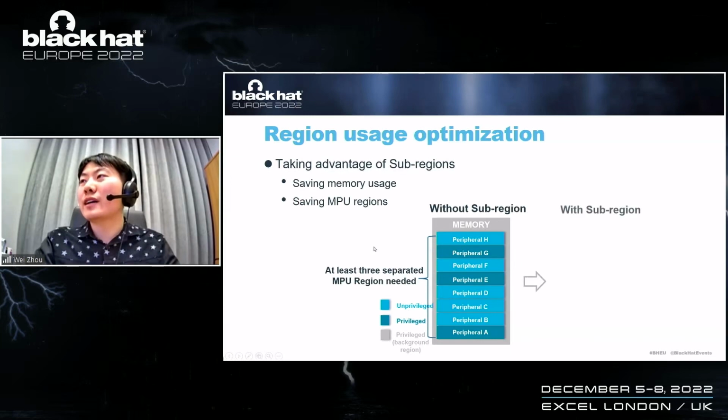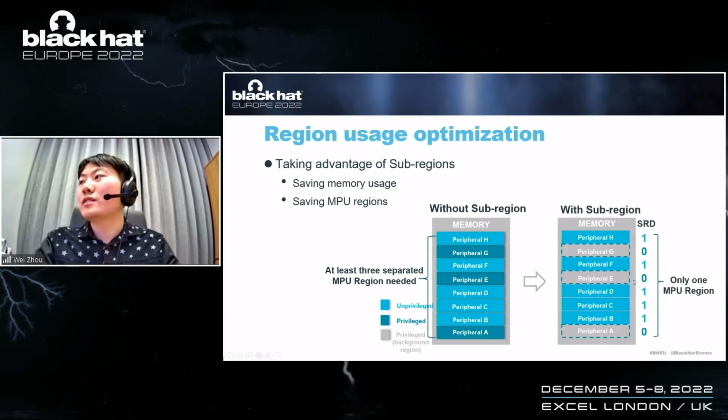But if we enable the sub-range function, only 1 MPU range is needed. We can just disable the 3 privileged accesses, and they will go with the background range, which is privileged access, satisfying our usage, and the others will go with unprivileged access.